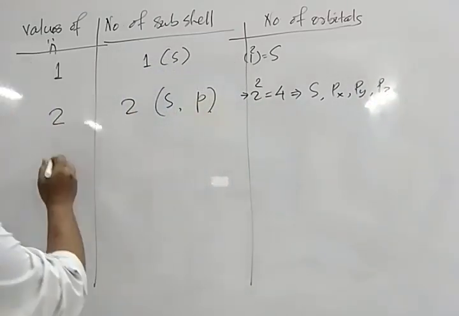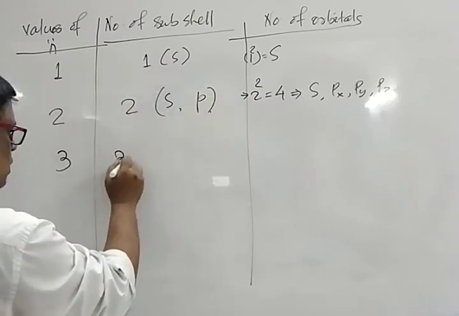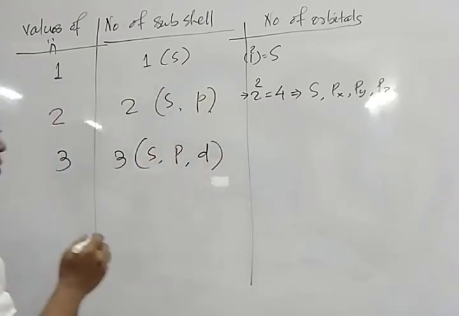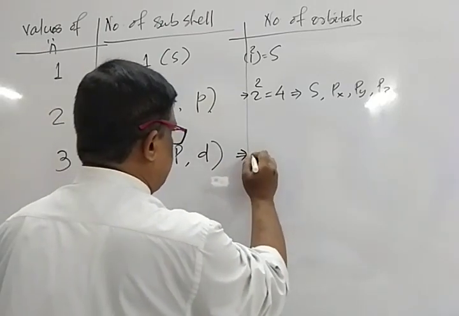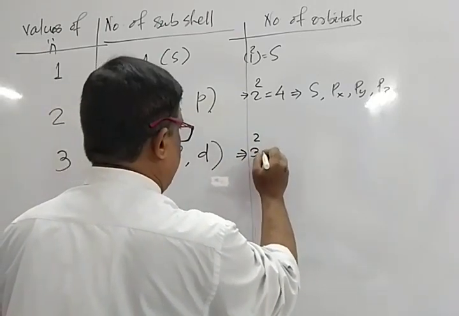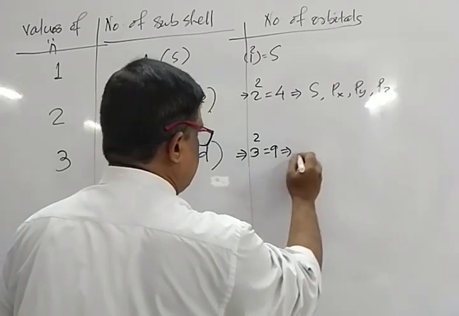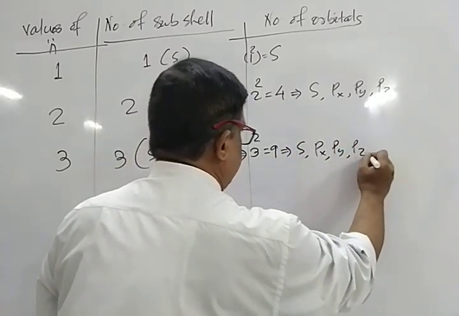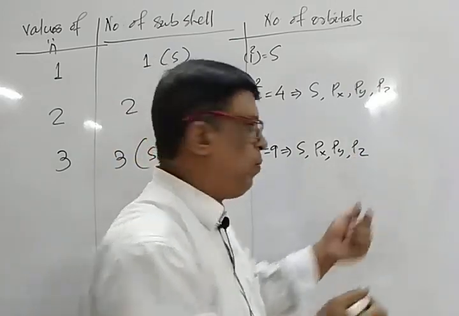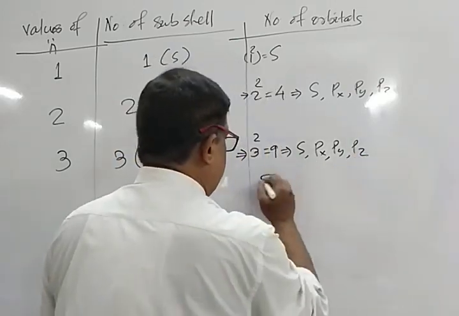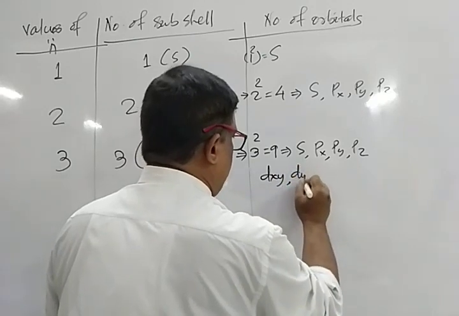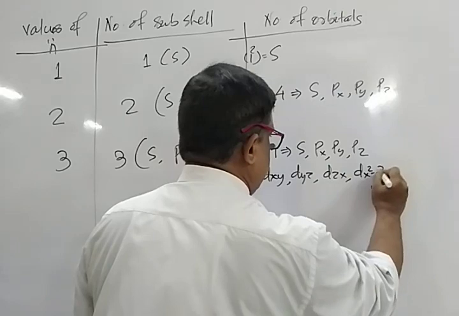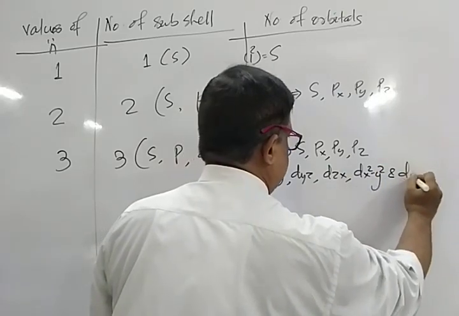Okay, move to the third cell. The number of subcells is 3, that is S subcell, P subcell, D subcell, equivalent to 3 square, equivalent to 9, implies s, px, py, pz, dxy, dyz, dzx, dx square minus y square and dz square.